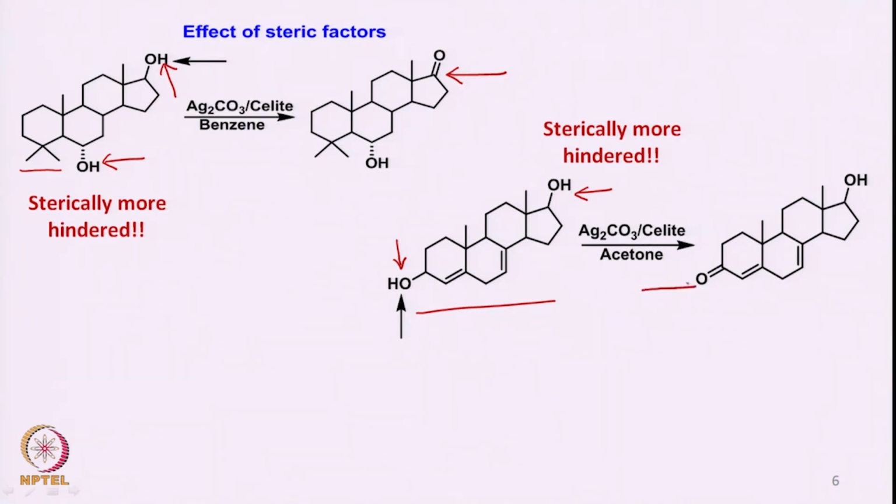Therefore, there is a preferential oxidation of the hydroxy group which is here at this position and also it is an allylic hydroxy group. So, there is a very clear steric effect on the oxidation of these alcohols with the Fetizon reagent.